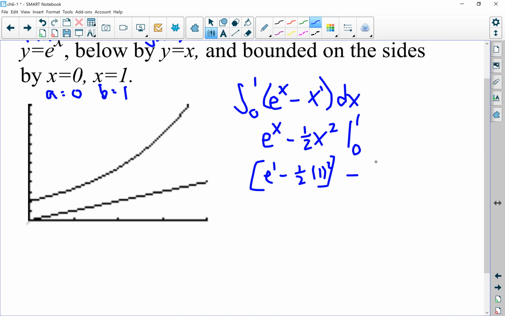Minus e to the 0 minus 1/2 times 0 squared.